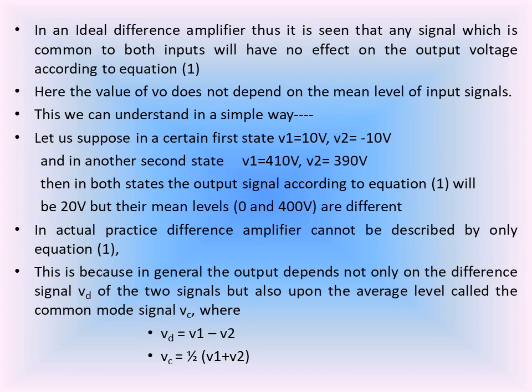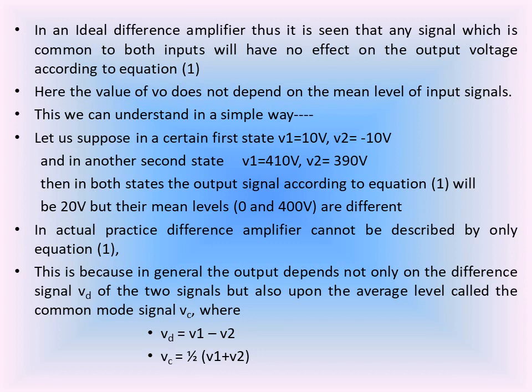Here in equation 1 we haven't considered the mean levels of the input signals. Now what do we mean by mean level? We can understand it in a simple way. Let us suppose in a certain first state we have V1 as 10 volts and V2 as minus 10 volts, and in some other second state, we have V1 as 410 volts and V2 as 390 volts.